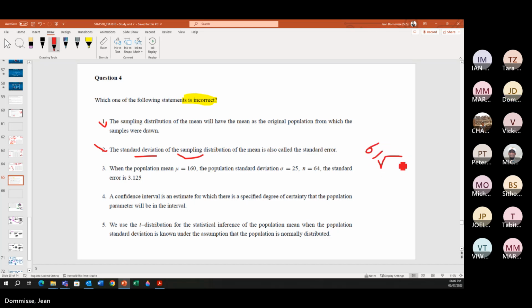Normally in a definition question they don't. So this again is an interesting one. So 25 divided by the square root of 64, so 25 divided by 8. That will give you 3.125. Okay, so that is also correct.